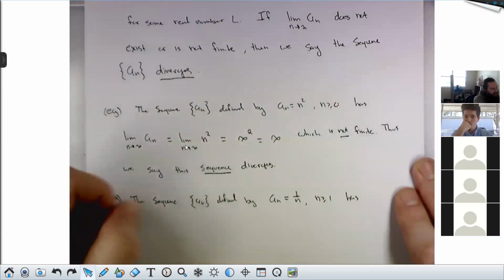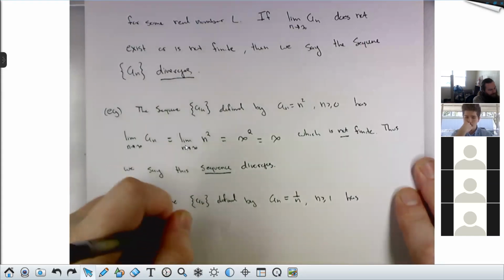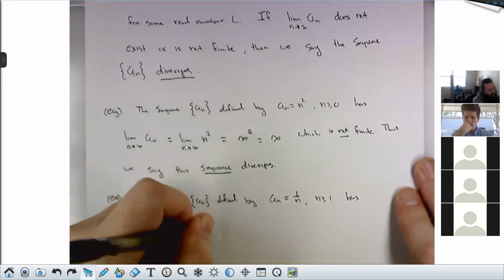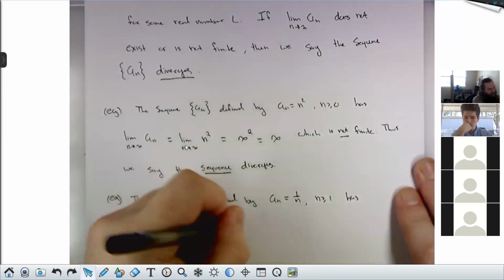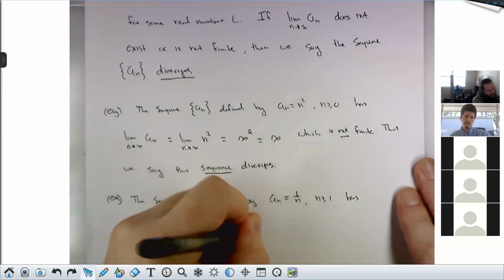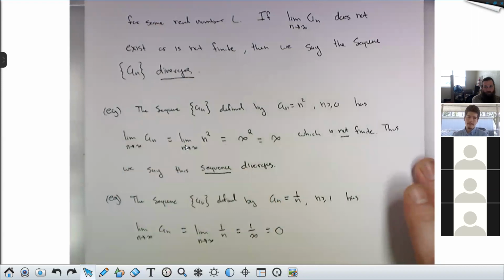It has limit lim n to infinity AN equals lim n to infinity 1 over n, which is 1 over infinity, which is 0. 0 is a finite real number.